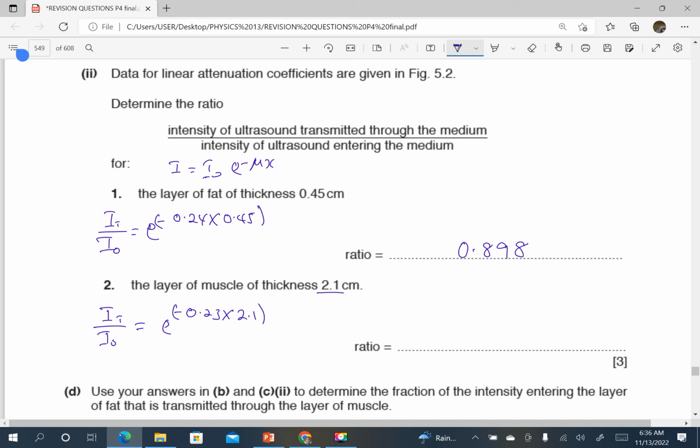The units are the same, so I will not convert. They will cancel out. One is per centimeter, the other one is in centimeters. Then I press my calculator. So this gives me 0.617 to three significant figures.